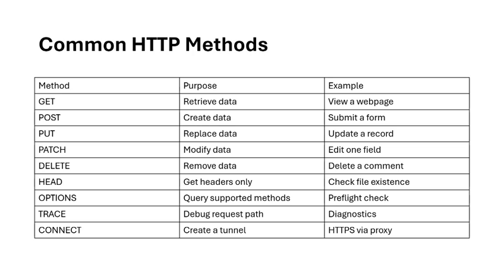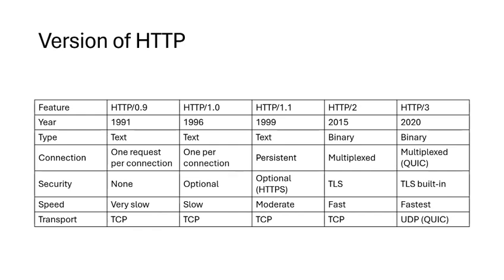These are the various versions of HTTP. First, in 1991, we have HTTP/0.9, and over the years we now have HTTP/3, which came in the year 2020. Until 1999, we had only text format. Now we have binary formats also.